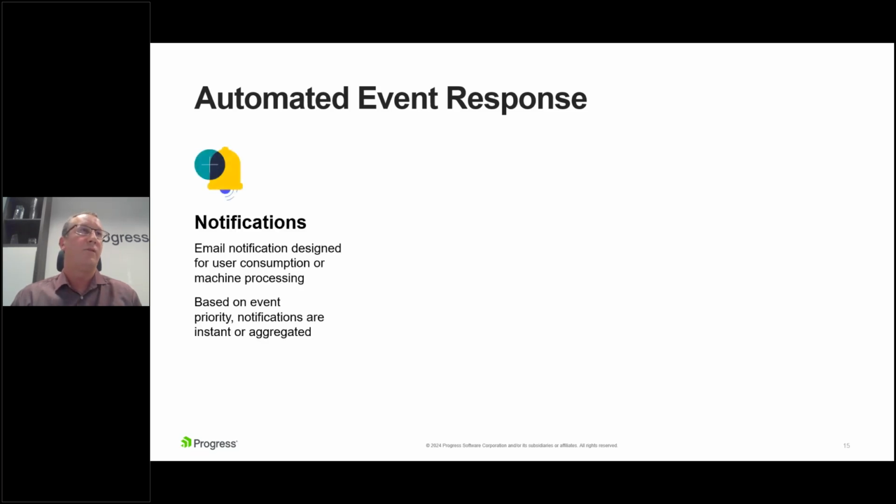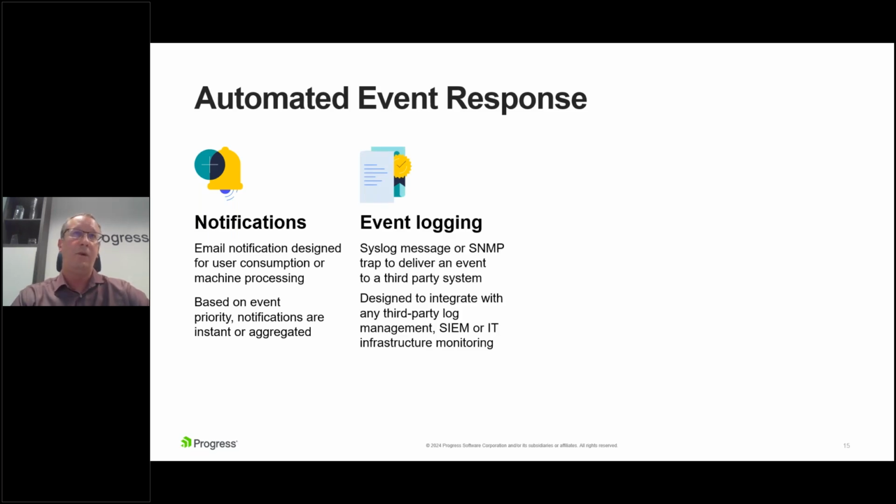Here is a summary of what you can do. There are obviously email notifications that are designed either for humans or for machine processing that can be triggered automatically immediately or can be aggregated, depending on the event priority. There is event logging through SNMP traps or through syslog.